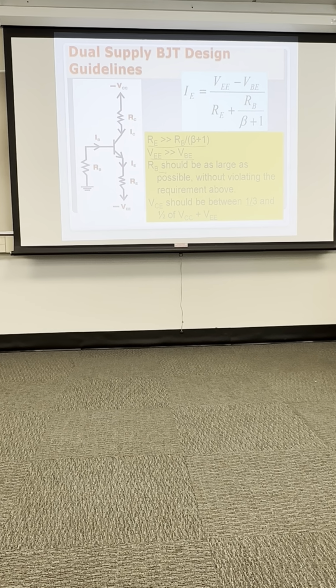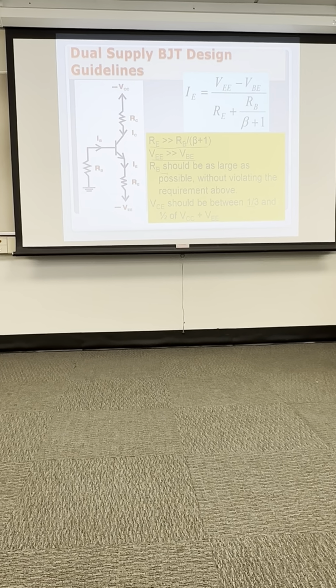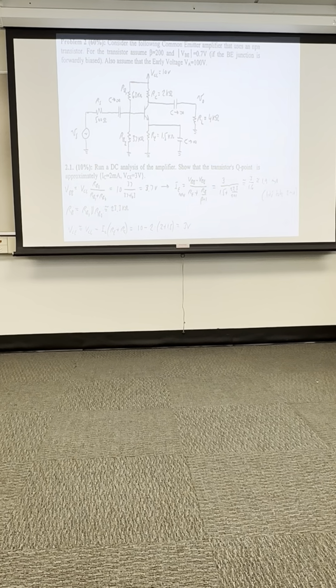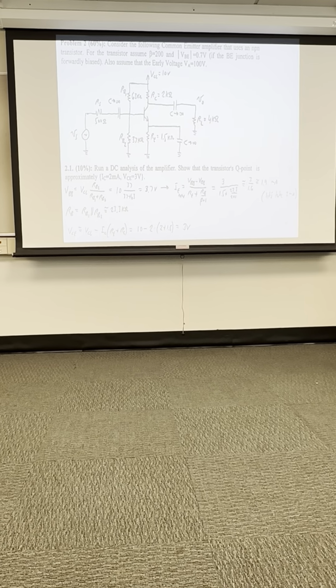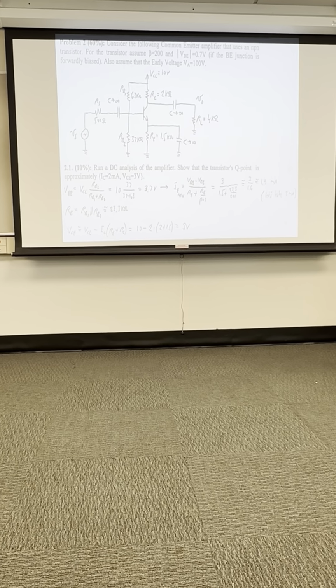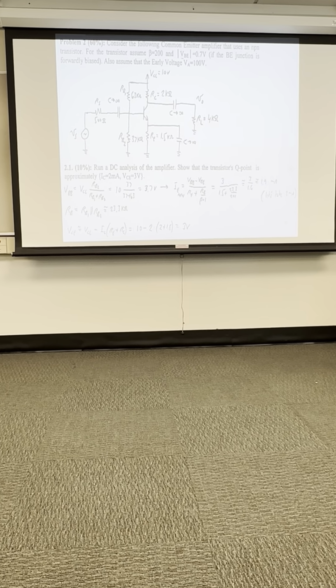Come across this in some of the earlier problems. Basically, you can decide to use the 1/3 group or the 1/4 group. And then some example circuits here. This is a common emitter amplifier, beta is 200, and this is for bias.